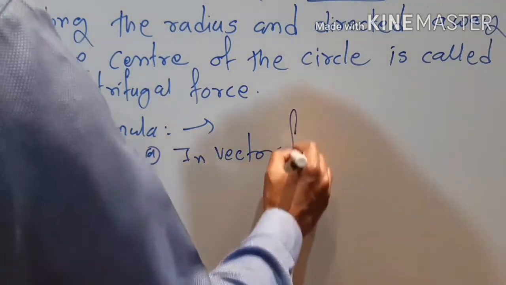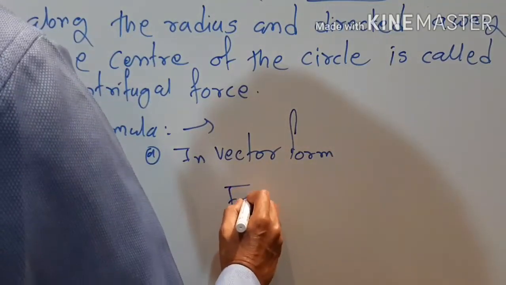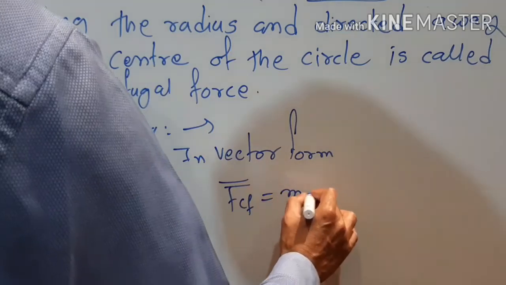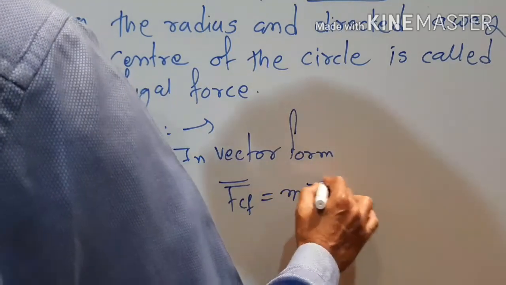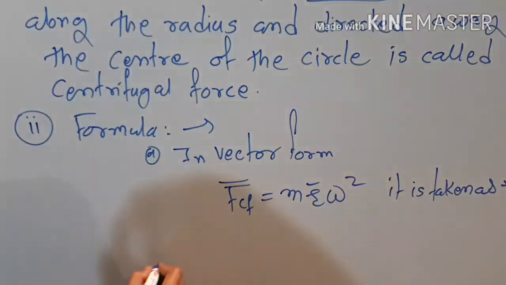In vector form, F_CF bar is equal to m r bar omega square, and write down it is taken as positive.